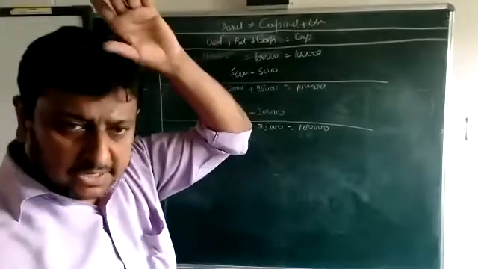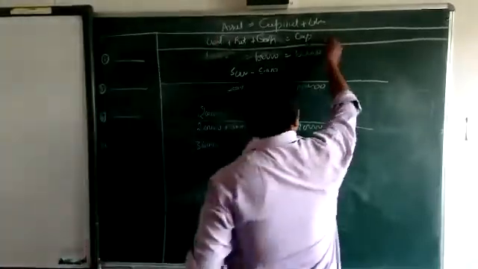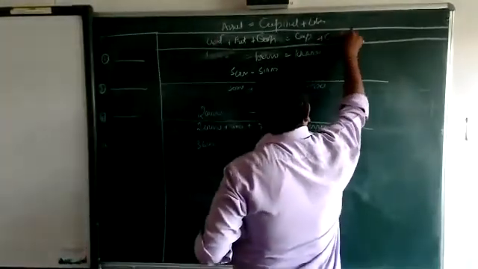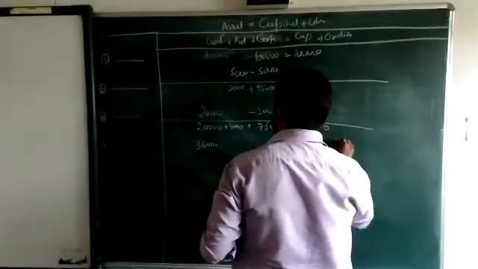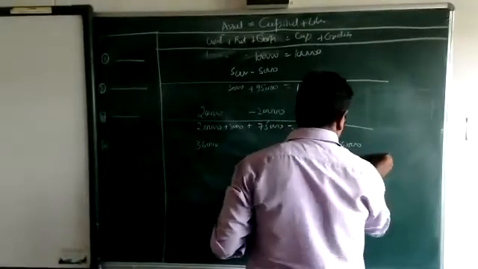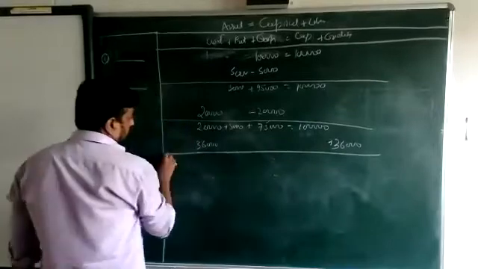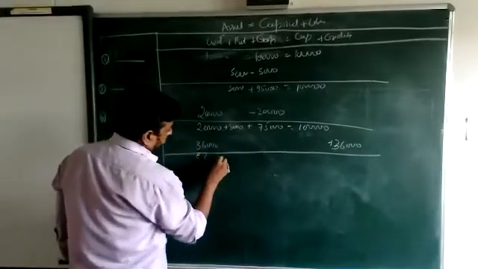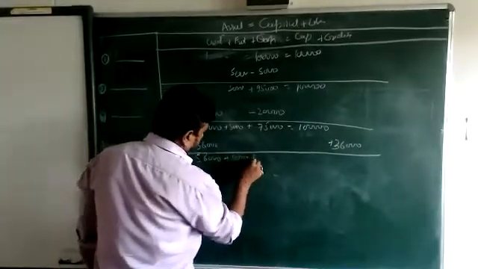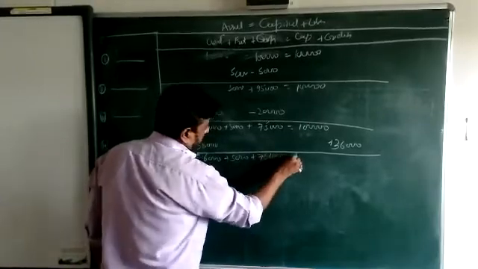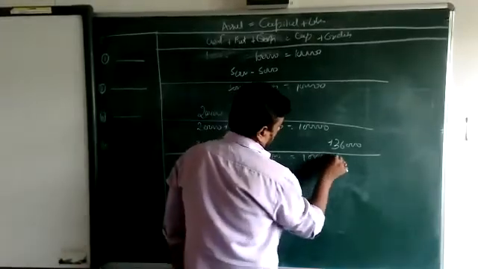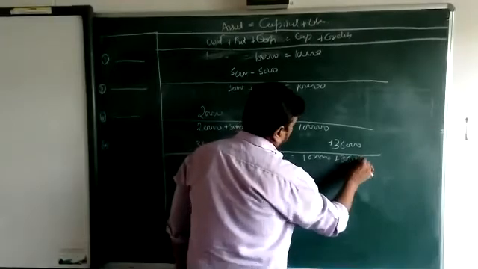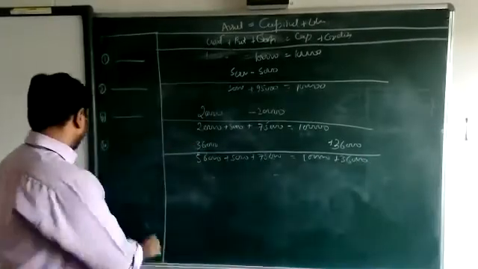So on credit means you are going to make one head on the liability side, creditor, and the creditor amount is 36,000. Just check whether both sides are equal or not. Equal. Then go for the next.